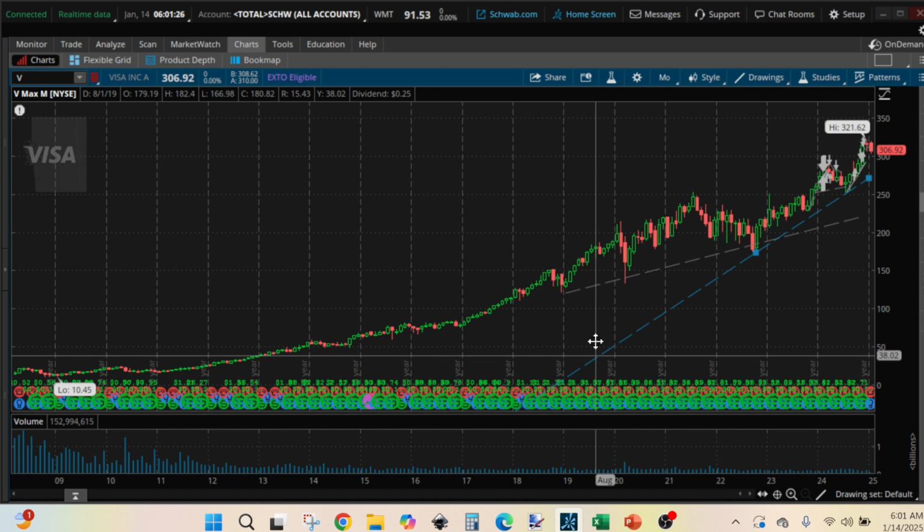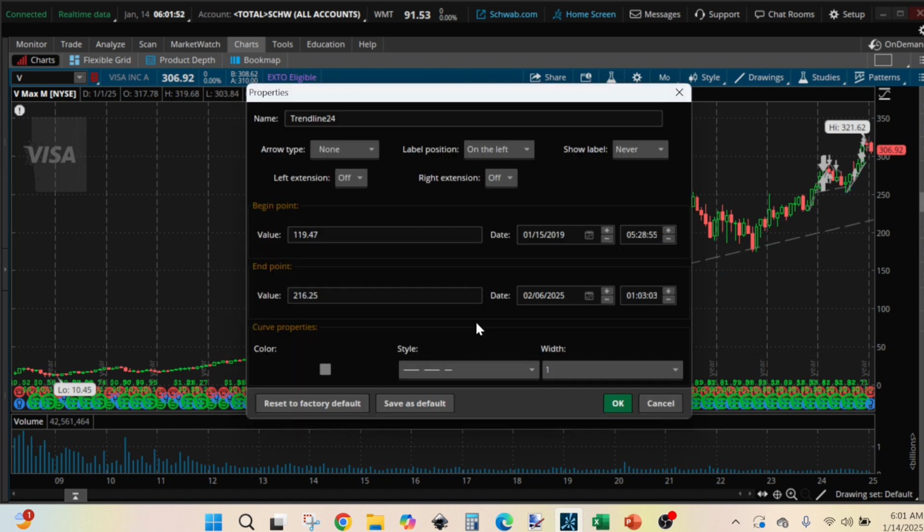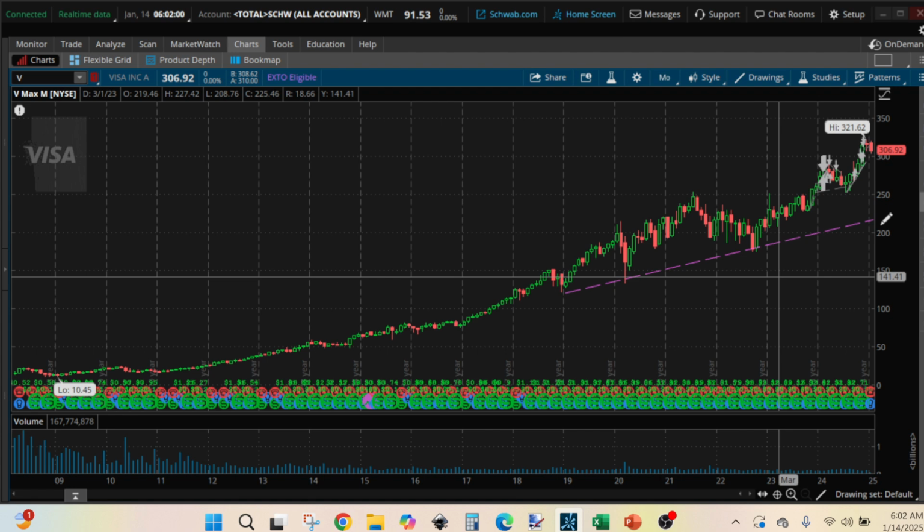This is the true line. I can make that purple. This is the true line I like to wait on. It has 3 touch base points. From here though, you could try to trace this, it'll just follow it up. And I do not want to be following it up.